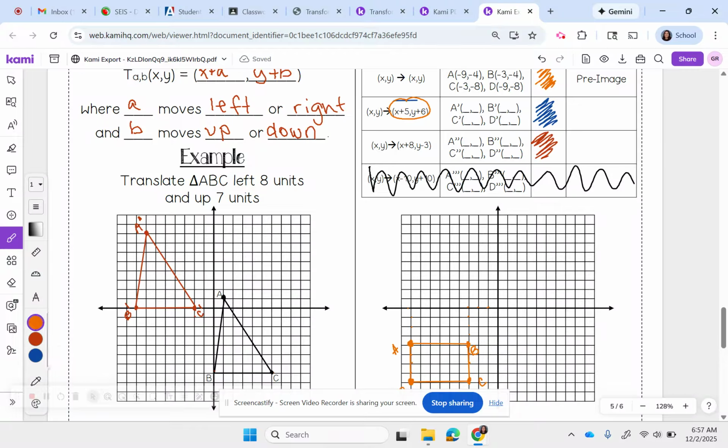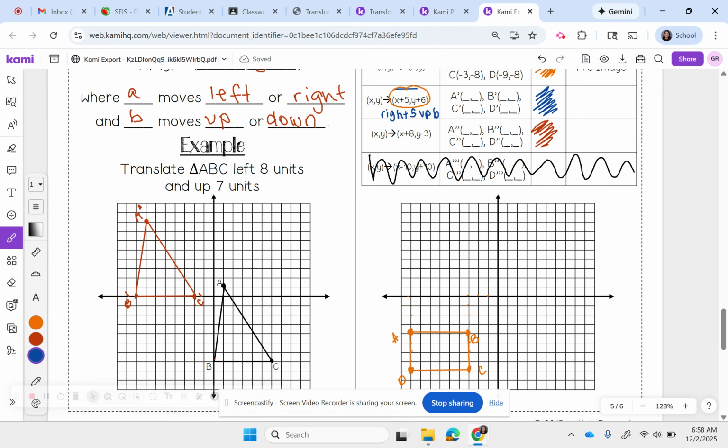Meaning that at each point, we are going to move right. Remember, plus is right. And then plus 6 on my y means up 6.